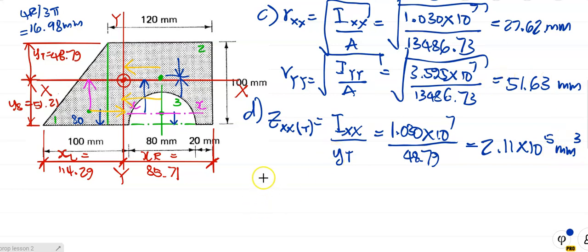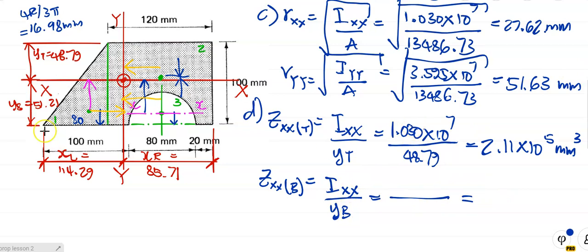Okay, and of course ZXX, more specifically for Y bottom, is equal to, alright, you can finish this off yourself. You can put the values in there.